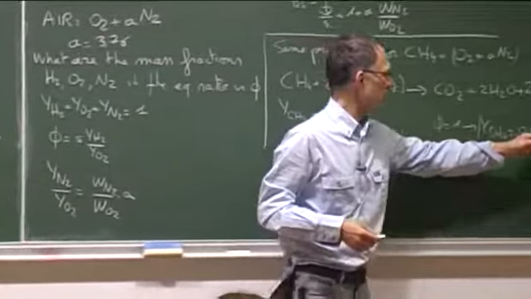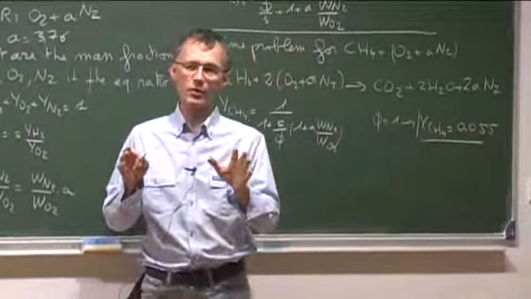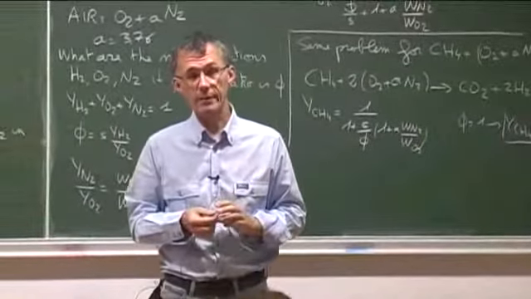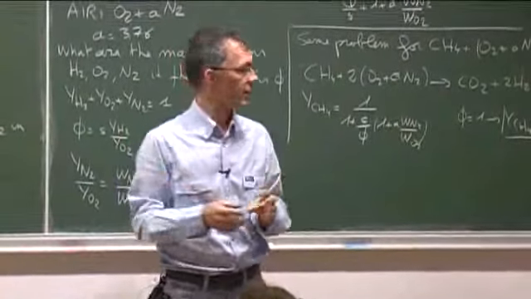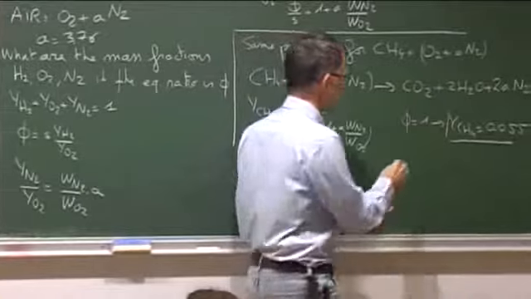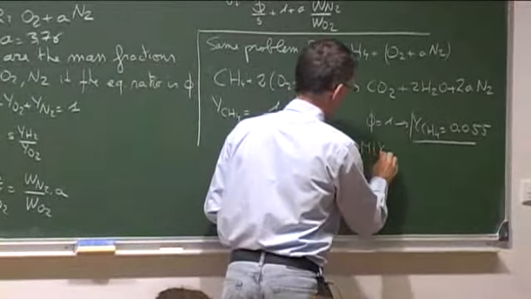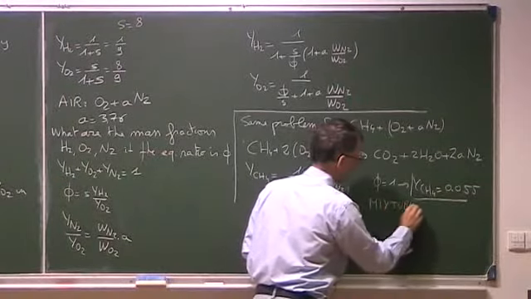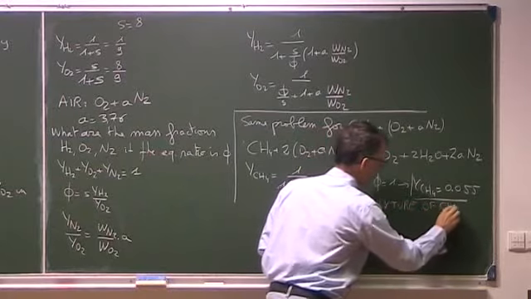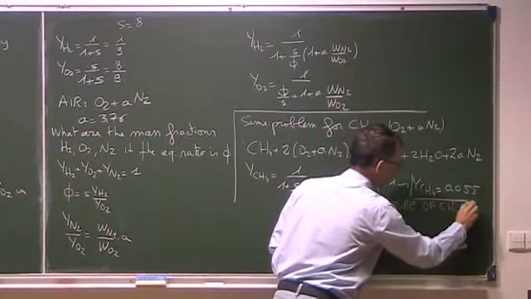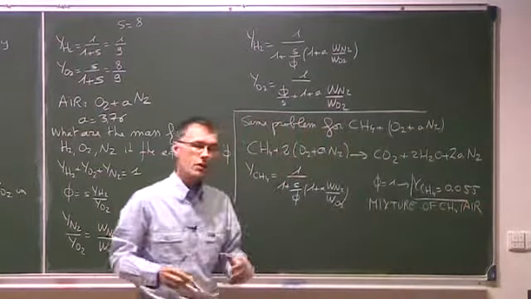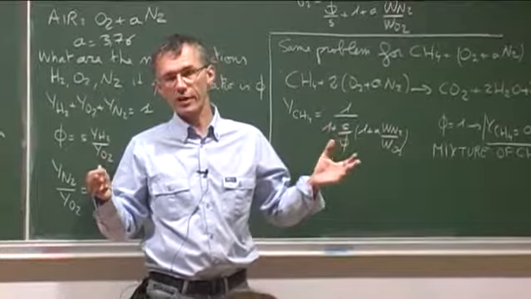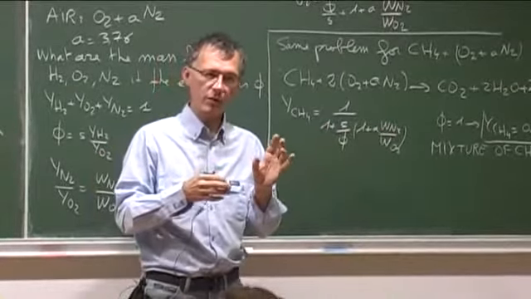The reason this number is interesting is that 5% is not a lot, okay? That means in air, typically, when you have a mixture of CH4 and air, it's basically only air. It's 95% air, 5% gas.